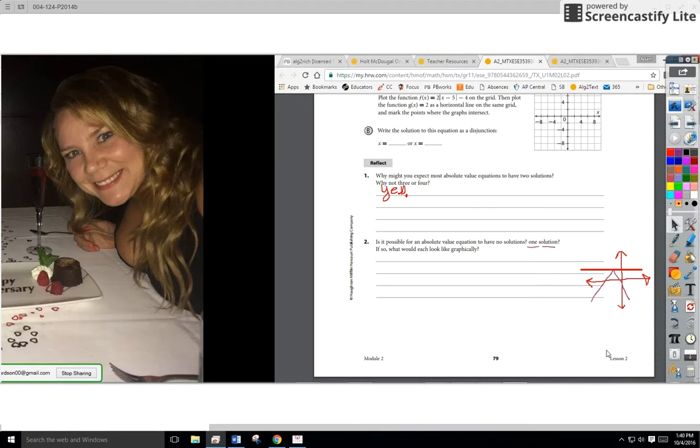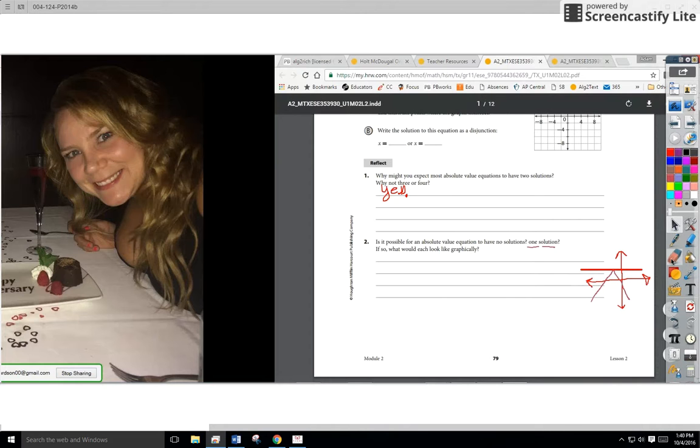So there's one solution. Remember, the solution to an absolute value equation like this is going to be where they intersect. Now then, if I was to move that horizontal line down, now we have a situation where we have two solutions to the absolute value equation if we were to have equations written from these graphs.